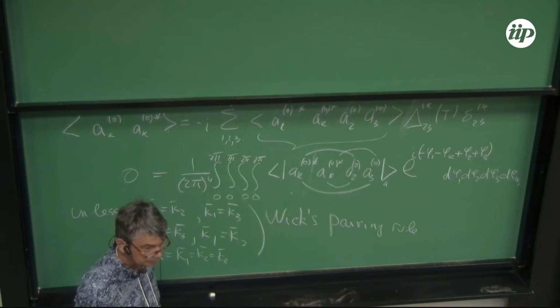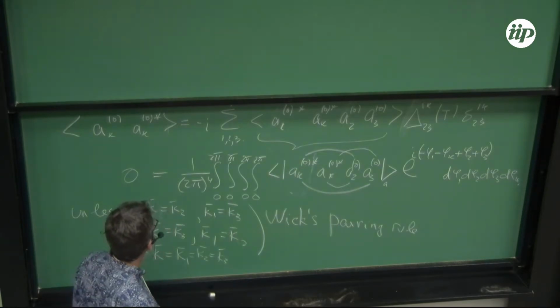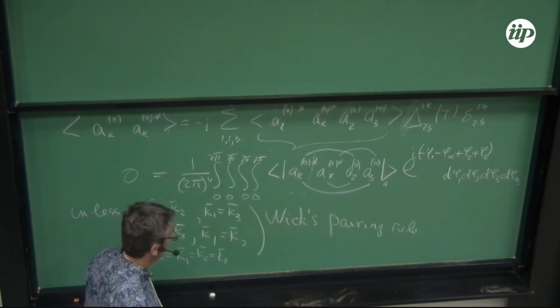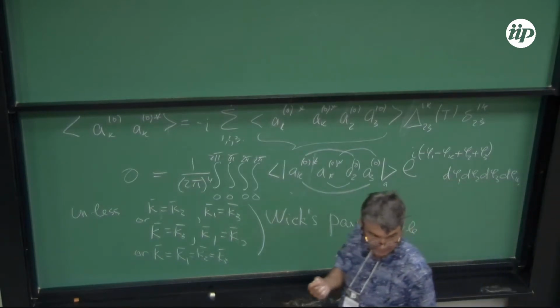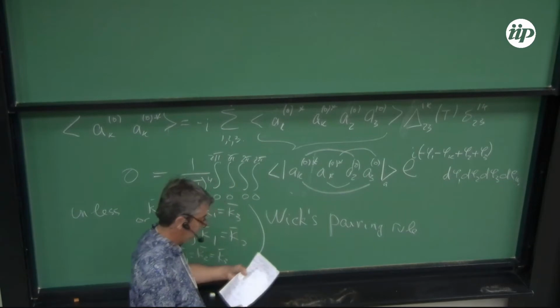Phi is related to k like this. So at each k there is a phi, right? So the phase of the Fourier coefficient.